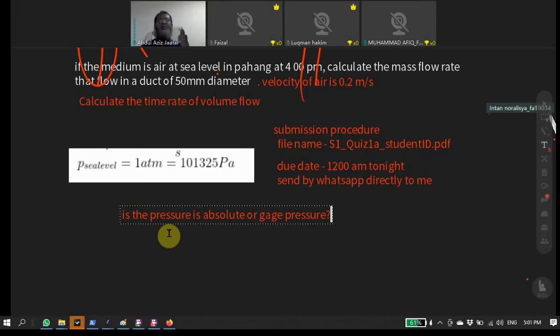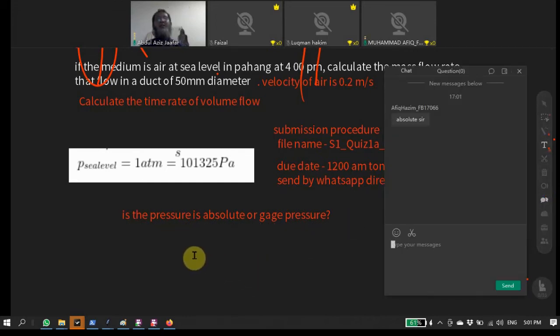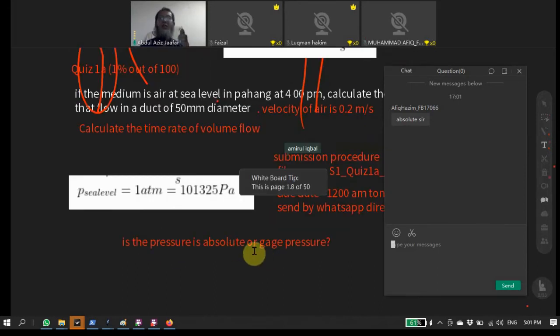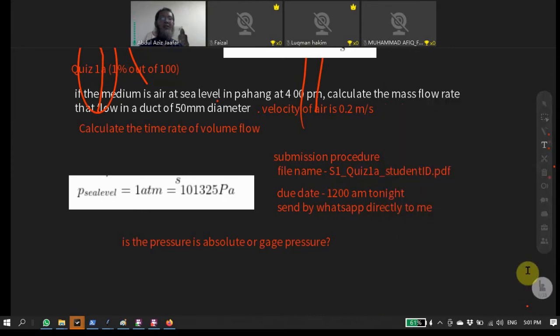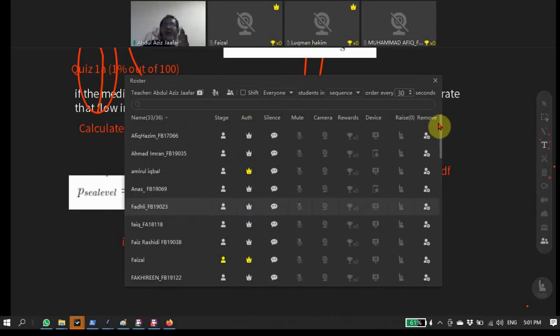Afiq, kawan-kawan lain semua tak nak tolong awak pun, nampak? Seorang pun tak nak tolong. So is the pressure absolute or gauge? Mana yang lain-lain ni, grup ni punyalah ramai sampai 40 orang. Seorang pun tak boleh nak jawab. Ni siapa ni? Segan tulis. Absolute sir, pandai Afiq. Absolute, this is absolute value.